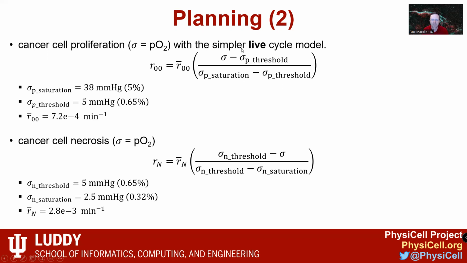If oxygen equals the upper threshold value, we're at 1. If oxygen is at the lower threshold value, we're at 0. So you can see how those are my cap values here. And then necrosis will be the other way around. We'll do a decreasing linear function where once oxygen drops below a threshold, you'll start increasing the necrosis rate until you reach a saturation value where you have maximum necrosis.